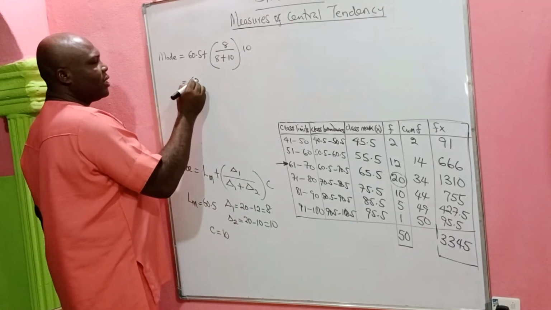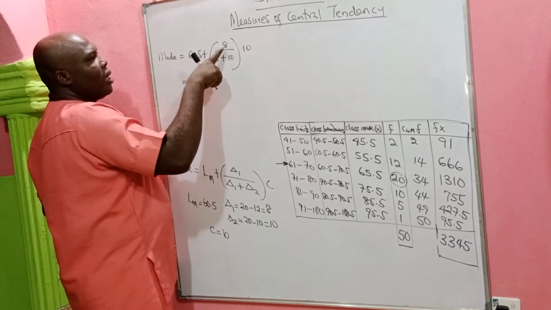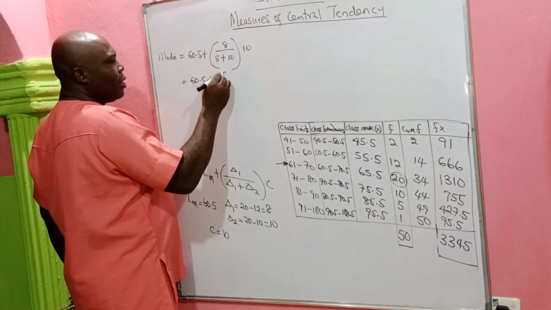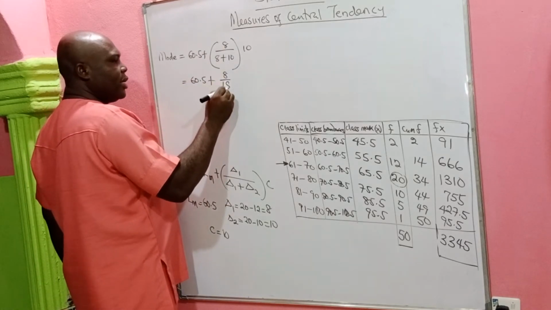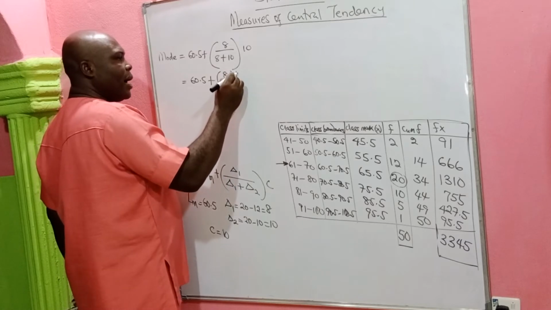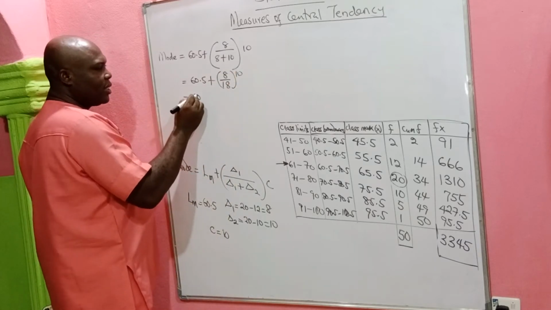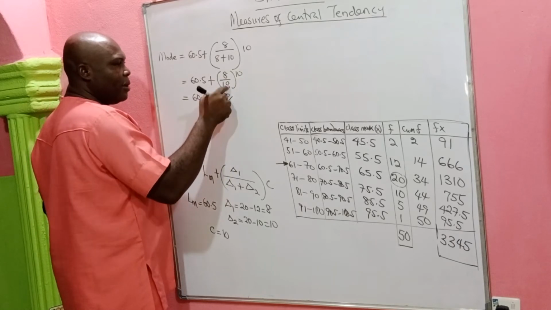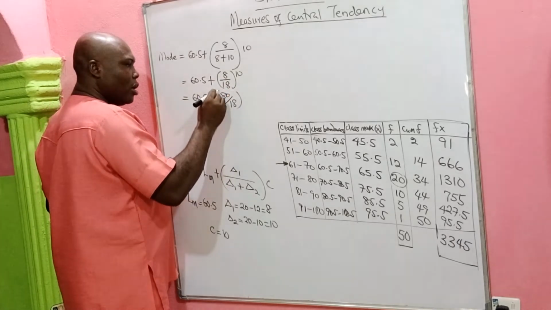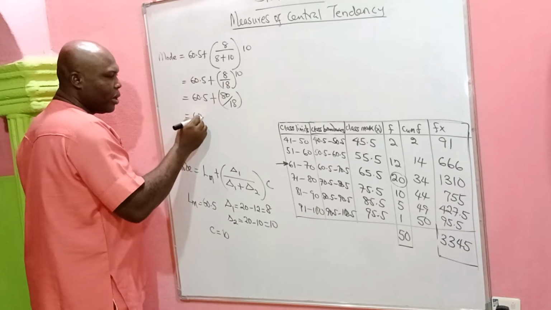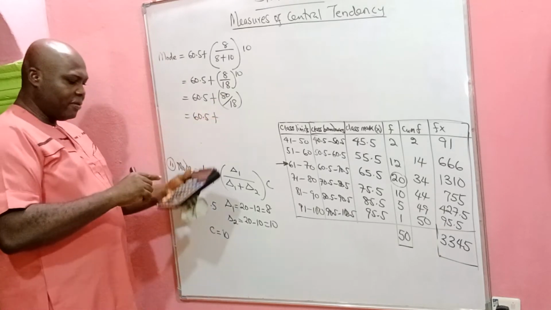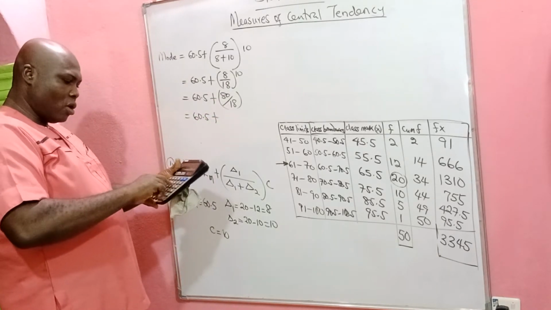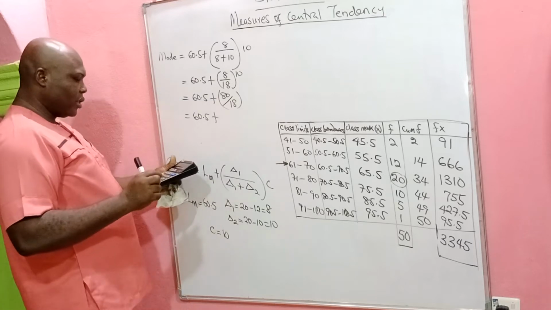So we are going to have 60.5 plus. Alright, so we have 8 over 8 plus 10, which is 18. Then multiply by 10. So we are going to have 60.5 plus 8 times 10, which is 80, divided by 18. 80 all over 18 will give us 4.444.